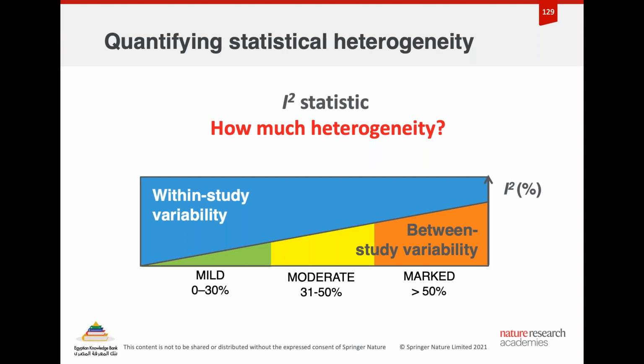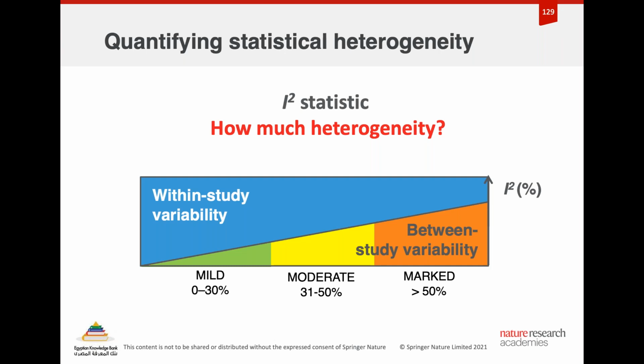But on average, an I-squared of maybe 0 to 30 or 0 to 40 means you have very mild heterogeneity, and most of the variance you see is probably within-study variability. If you see 30 or 40 to 50 or 60, that's moderate, so still not too bad. And if you see greater than 50% and definitely greater than 75%, that means you have very strong heterogeneity across your different studies. What should you do if you have heterogeneity? You should explore it, with meta-regression analyses, subgroup analyses, or sensitivity analyses.